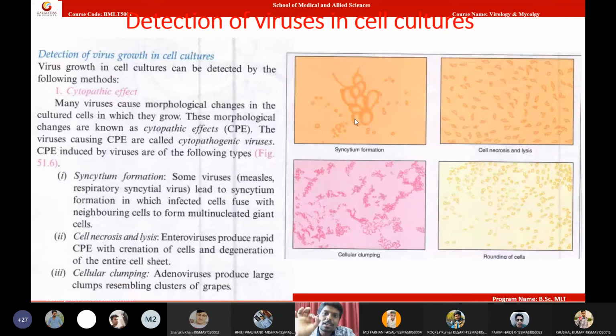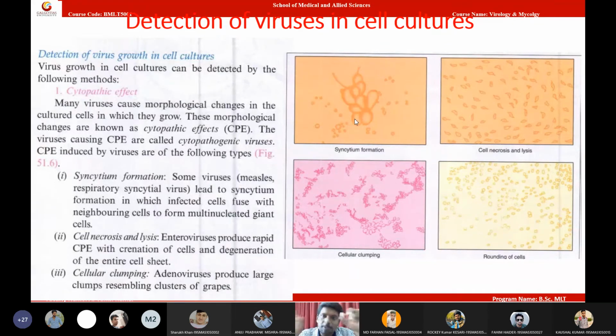Such viruses will cause cell necrosis. Examples of cell necrosis viruses are enteroviruses, which infect the intestine, and hepatitis viruses. Hepatitis and enteroviruses will show cellular necrosis.